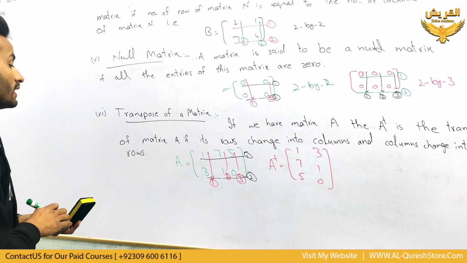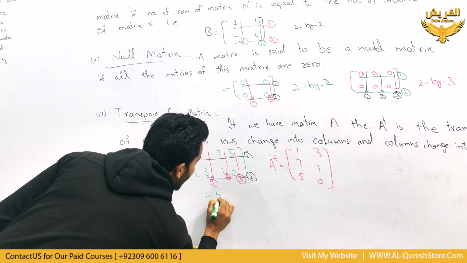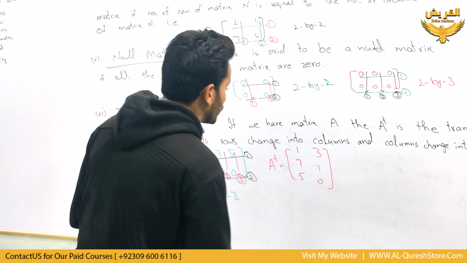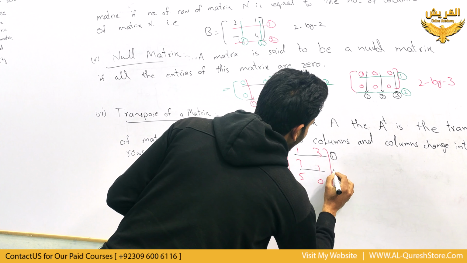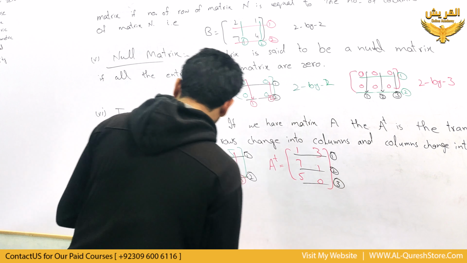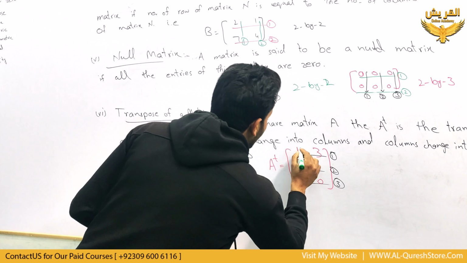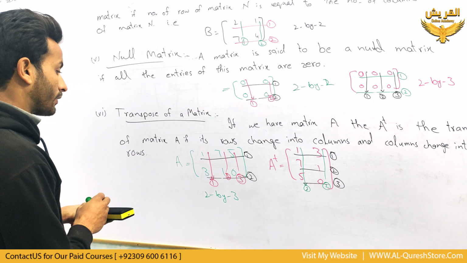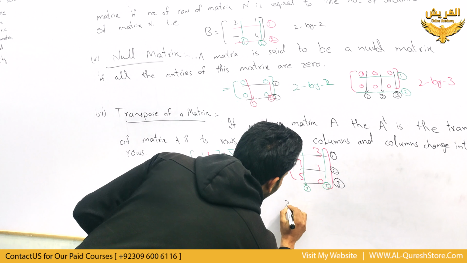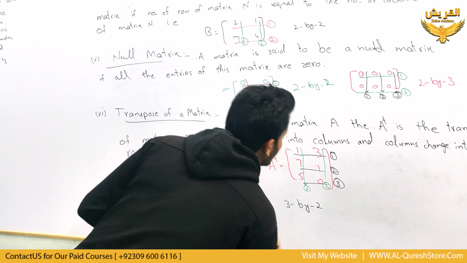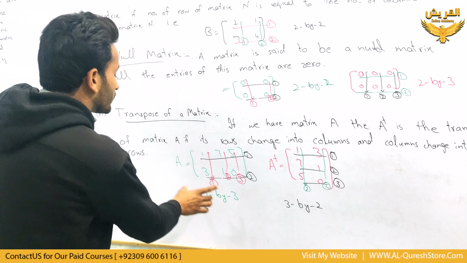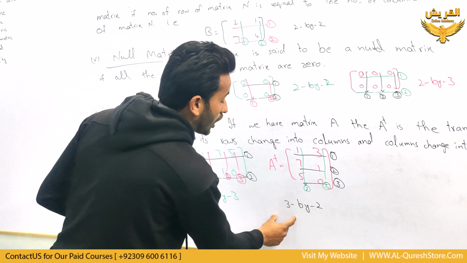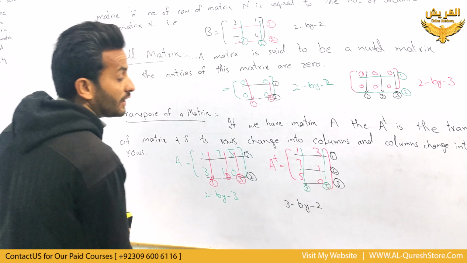See the order of these matrices. Matrix A has two rows and three columns, so its order is 2 by 3. But in case of transpose, there are three rows, first row, second row and third one, and two columns. So the order of A transpose is 3 by 2.